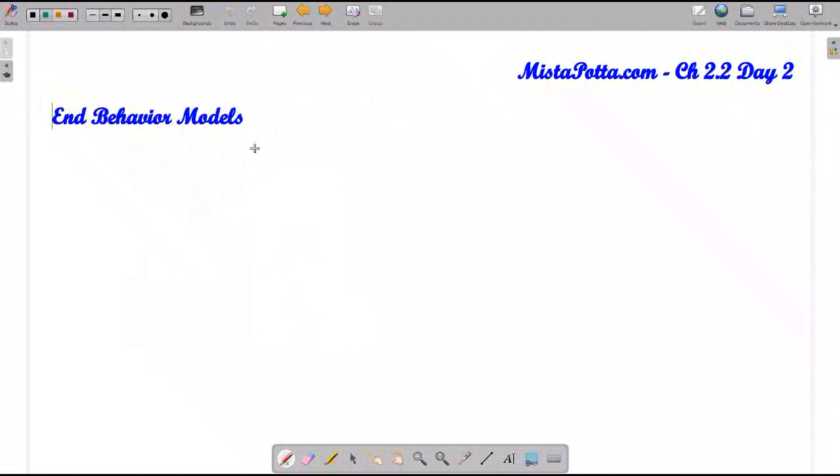So the last thing I want to talk about today is end behavior models. So I want to talk about how a polynomial or rational function of two polynomials behaves.